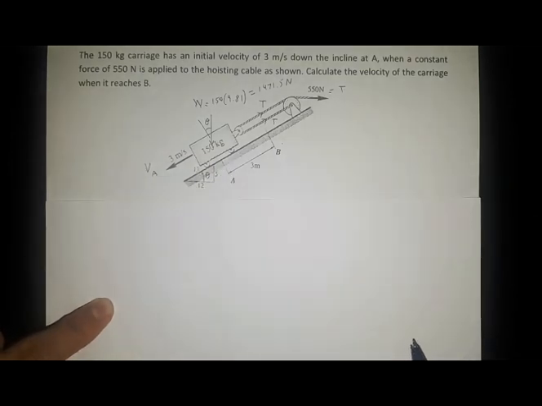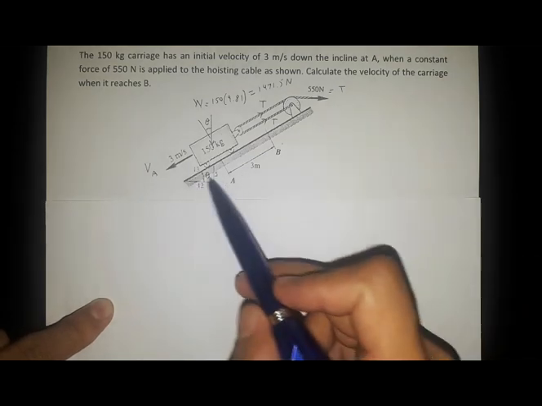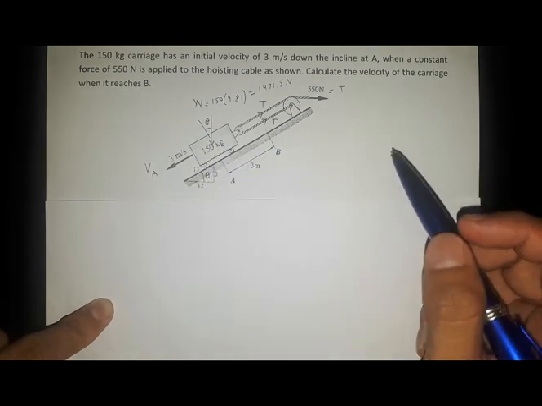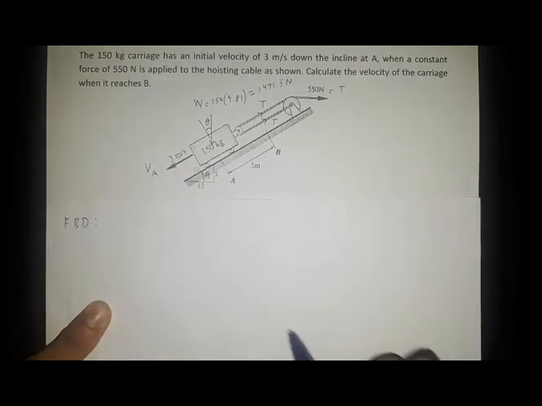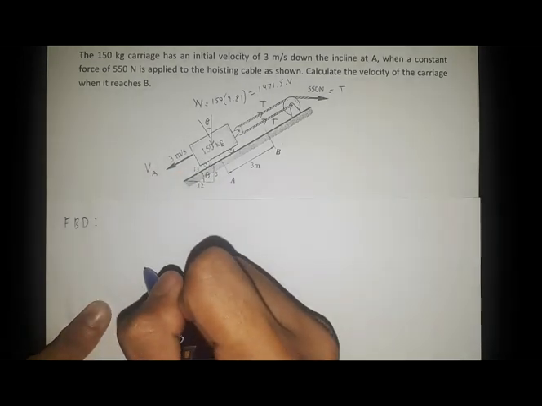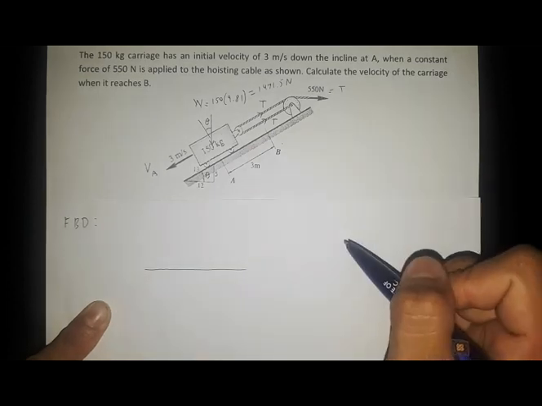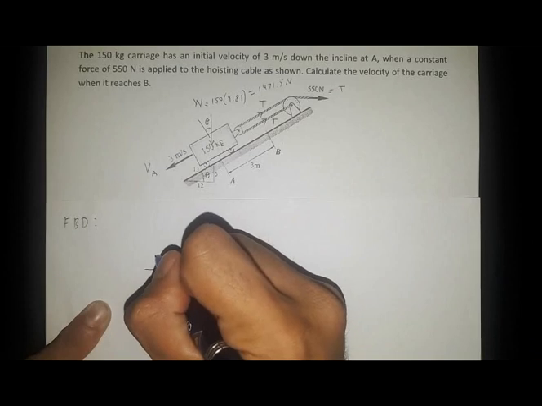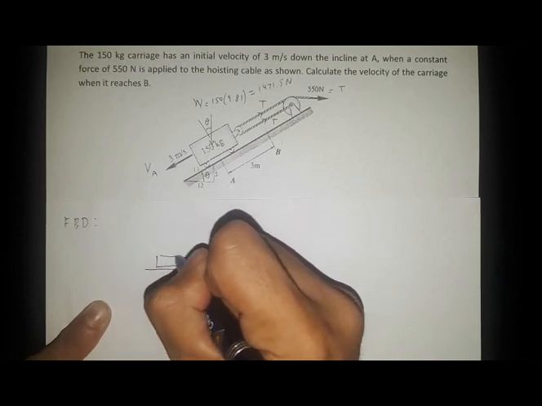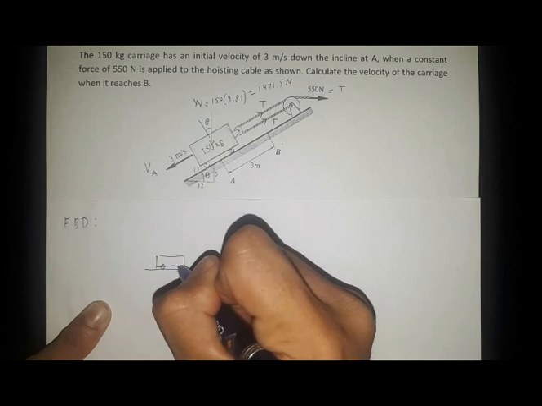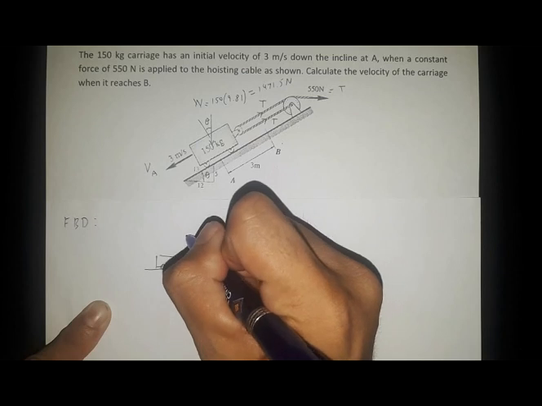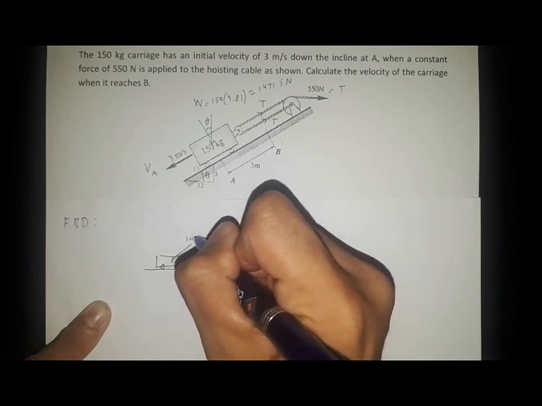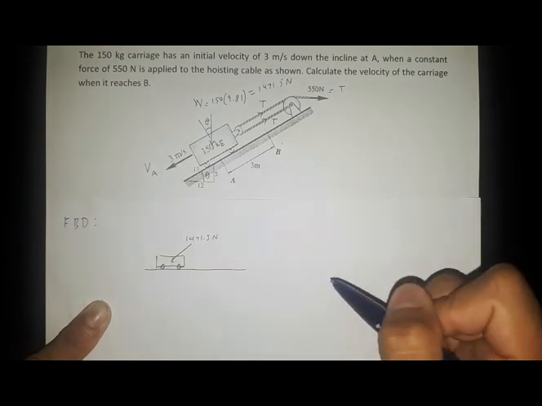So in order to solve this problem and to simplify, let's make this a horizontal setup in our free body diagram. So here's our FBD. To simplify, let's make it horizontal. So this is the carriage. The weight acts here of 1,471.5 newtons.